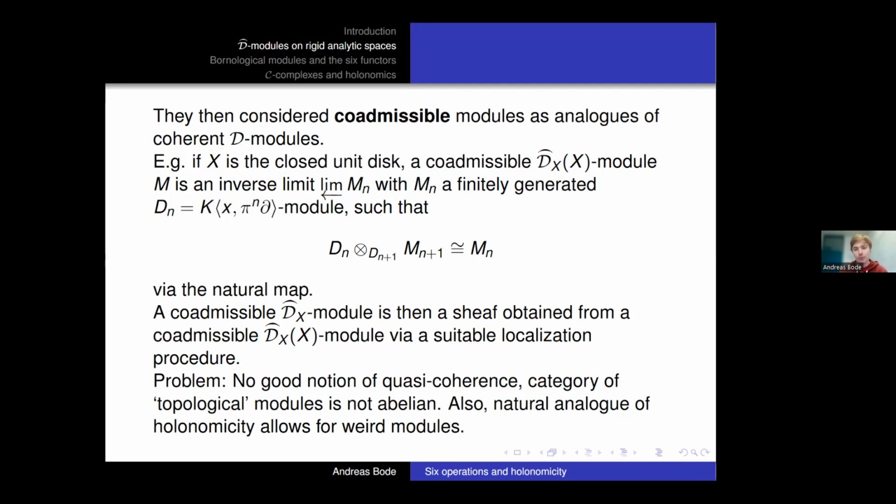Only now, where I want to talk about derived functors and so on, it becomes important to keep the topology in mind. Okay, thanks.